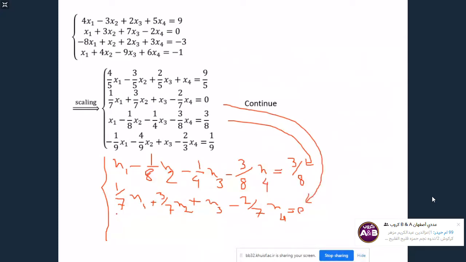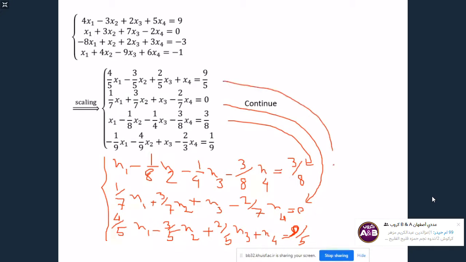And the third row will be the first one: 4 divided by 5 x1 minus 3 divided by 5 x2 plus 2 divided by 5 x3 plus x4 equal 9 divided by 5. And the last one is the last equation.